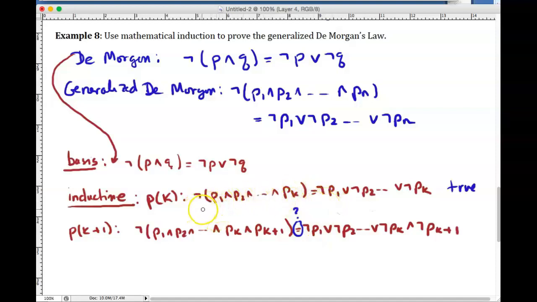So basically, we're going to treat this as one proposition. It's a combined proposition, but I can say that this is proposition R. So I'm going to say that not (R and Pk+1), by my basis step, the De Morgan's law with two propositions, I know that's true, so that's going to be not R or not Pk+1.